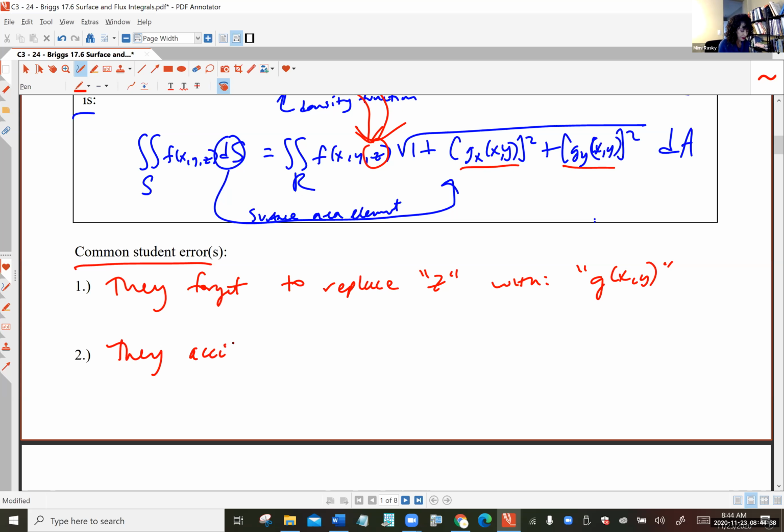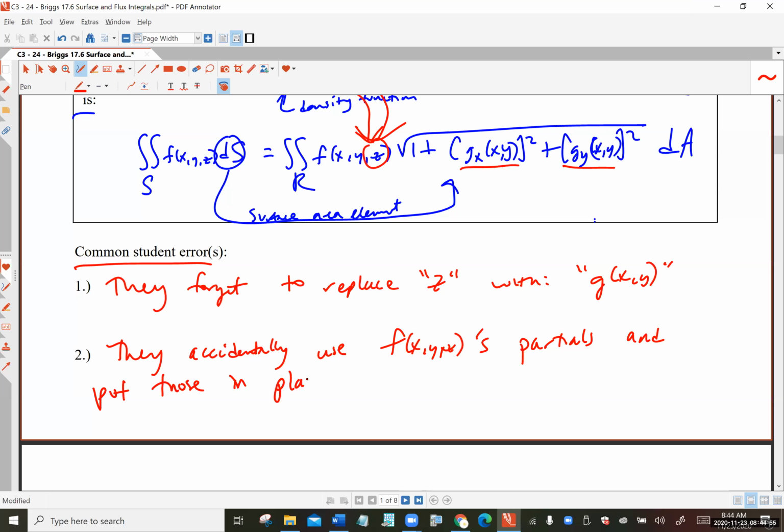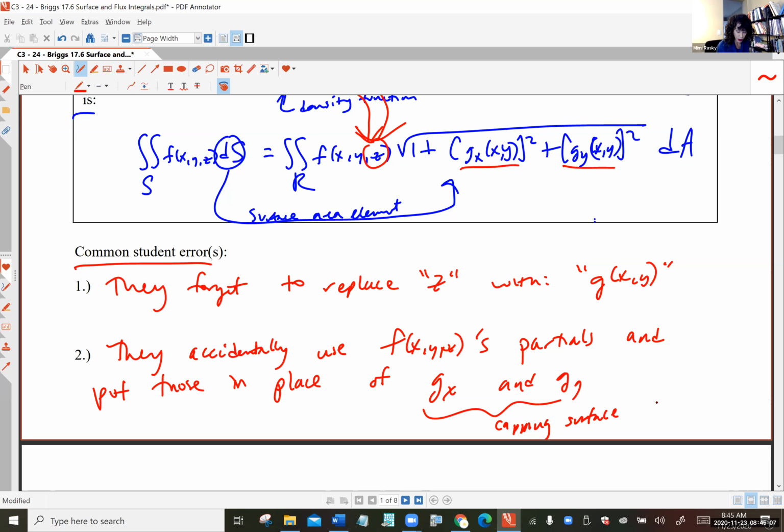They accidentally use f of x, y, z's partials and put those in place of the g_x and the g_y. These are supposed to be the capping surface partials. That's what you're supposed to put inside the radical. So those are two common student errors.